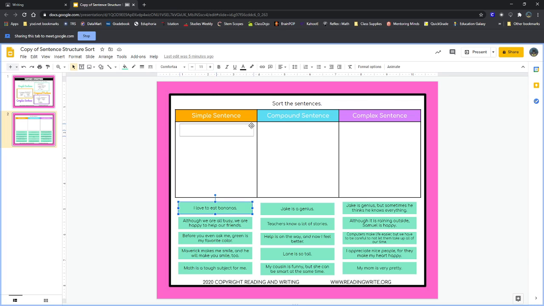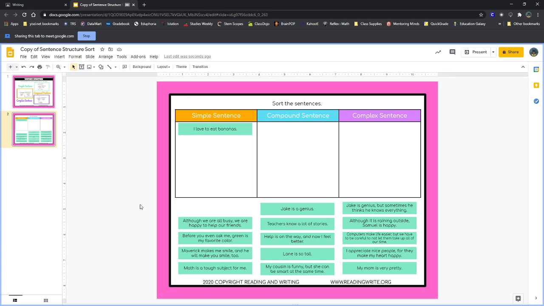A simple sentence. I agree with you. I love to eat bananas. They're telling us who is the subject? I. What do? You love to eat bananas. We don't have any extra description or information. Very simple, very short.